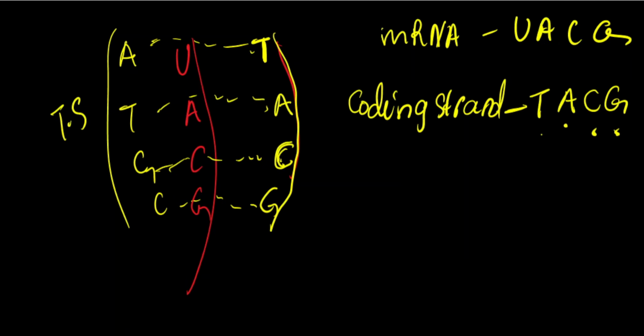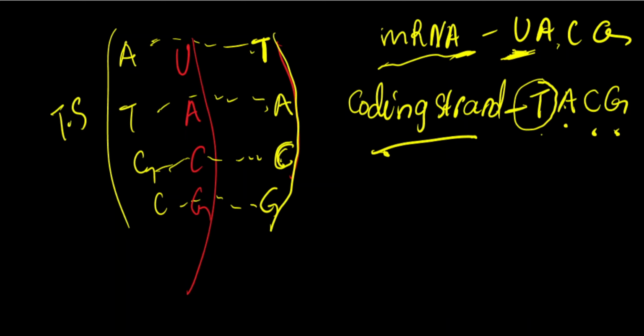Now, notice that the only difference between what we have in our mRNA and what we have in our coding strand is T. And this is because T or thymine is replaced by uracil in an RNA molecule. However, ACG, they are both identical.